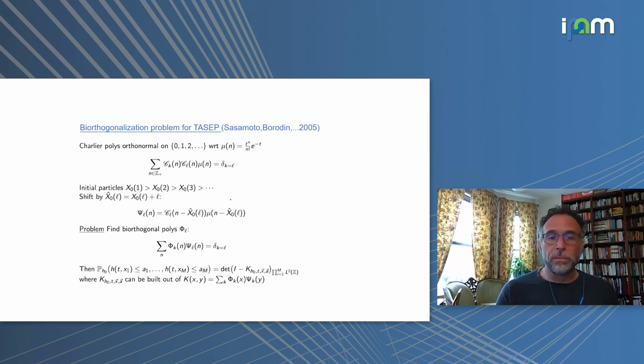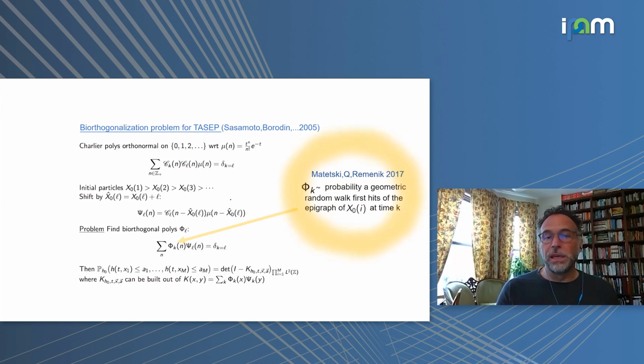So the main tool that we have is that we are able to solve this problem in complete generality. The phi's are essentially just the probabilities that a geometric random walk hits the epigraph of the initial particle distributions at time k.